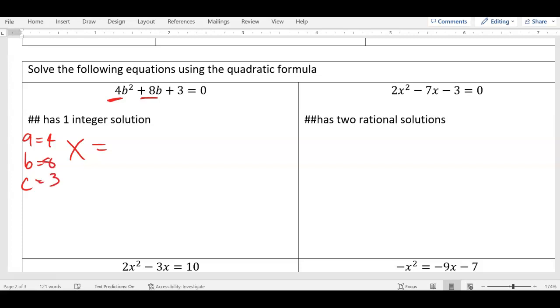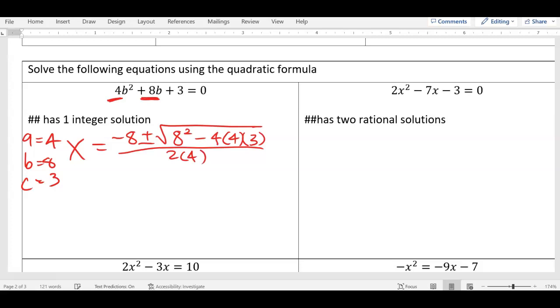X equals negative b, so it's negative 8, plus or minus the square root of b squared, so 8 squared, minus 4 times a times c. A is 4, c is 3. Notice how I put them in parentheses? Divided by 2 times a, which is 2 times 4. Okay?